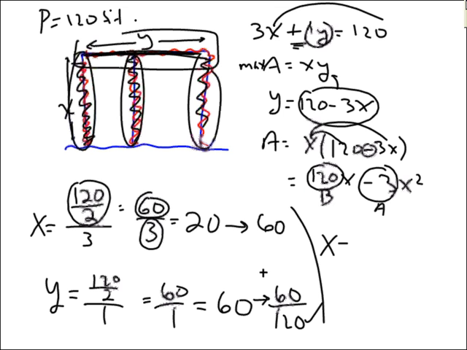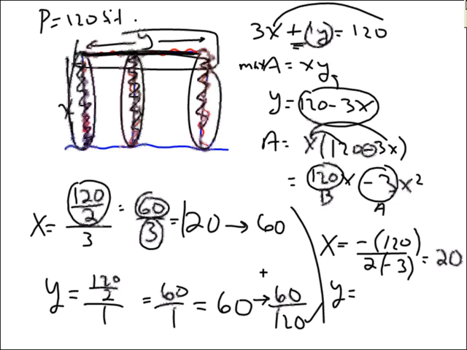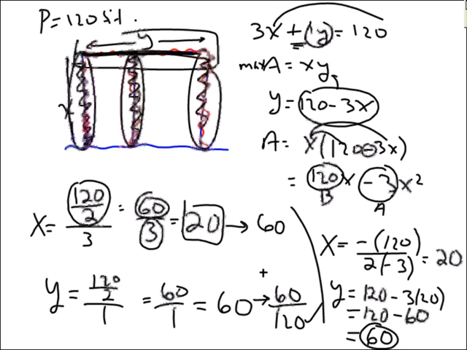And we know X is negative B over 2 times A, which is 20. X is 20. And Y, by the way, is 120 minus 3 X's. That is 120 minus 60, that is good old 60.